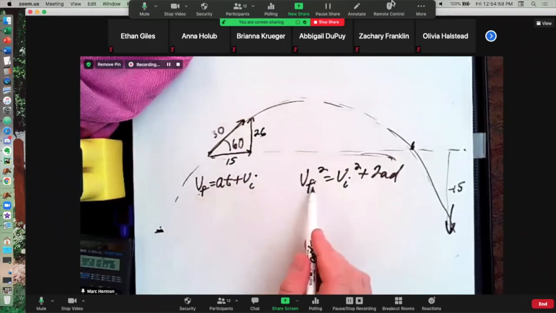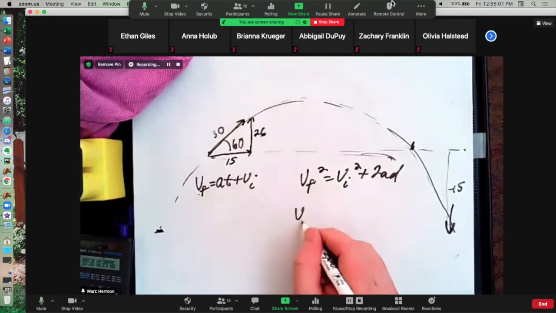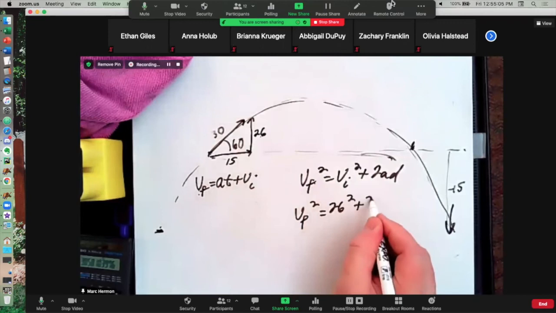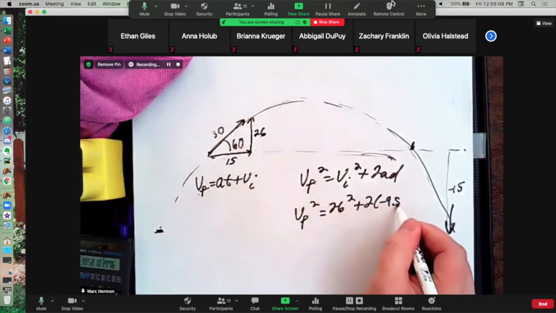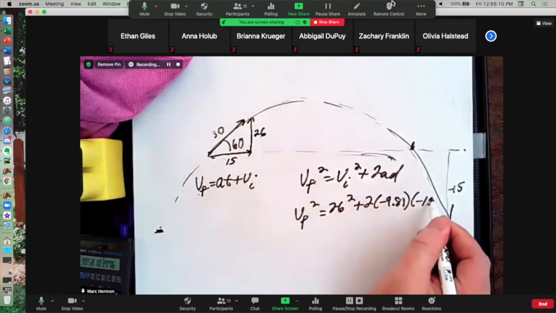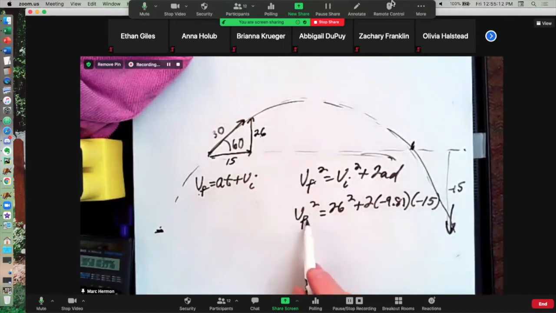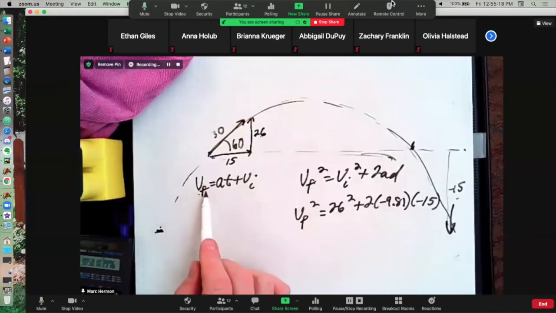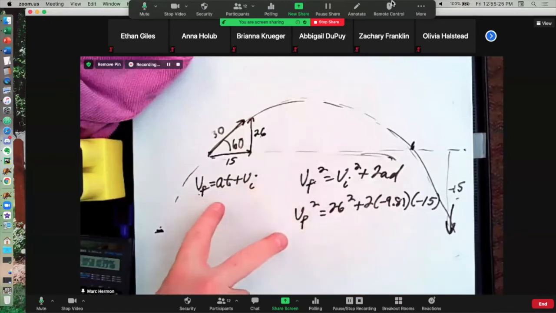Because this isn't bad, it's already kind of set up. VF squared equals my initial velocity 26 squared plus 2 times negative 9.81 times the negative 15, my overall displacement. So I can quickly find the final velocity right here. And then I can do the time like everybody likes to do it, using this one. So you never really had to use a quadratic when you find the time. You could just use the other 2 equations instead. Find the final velocity and plug it in for this one and find the time.